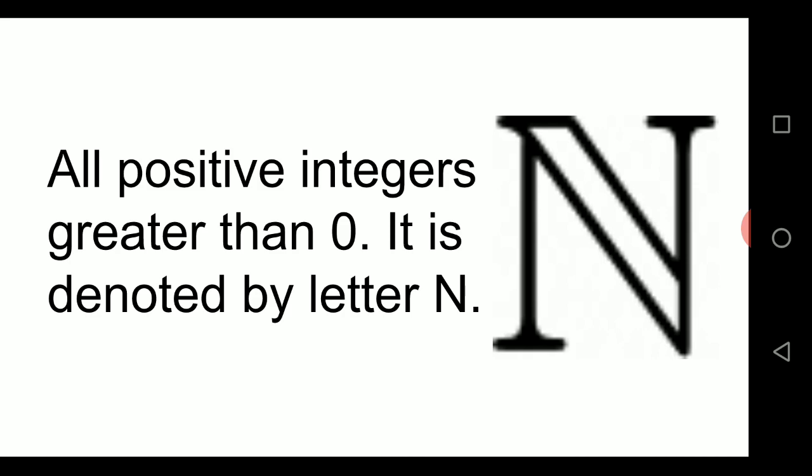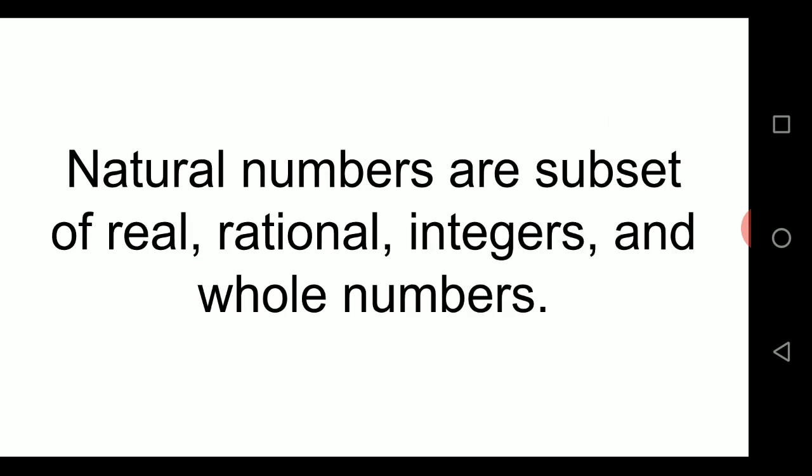In mathematics, natural numbers have a precise definition: all positive numbers greater than 0 are denoted by the letter N. This is the set for natural numbers. All positive numbers except 0. This time we are not including the neutral number 0, we are just leaving that out. If we leave that out, then this particular set is known as the natural numbers.